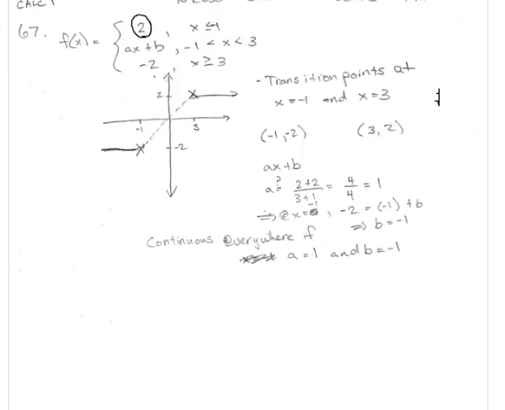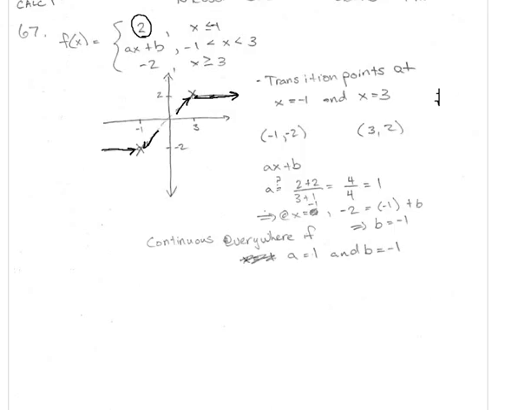And then at x greater than or equal to 3, the value of our function is -2. Now we know that at each of these transition points, the limit has to be defined, which means that the function approaches the same value on the left and on the right.